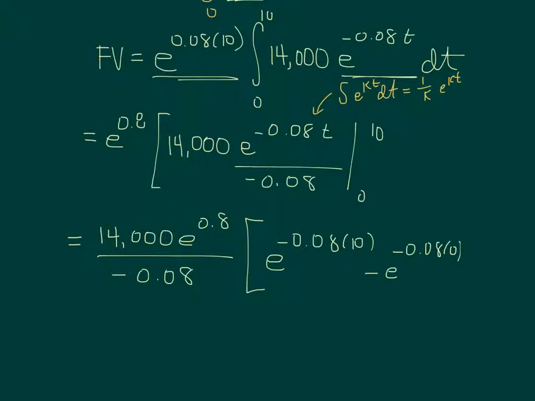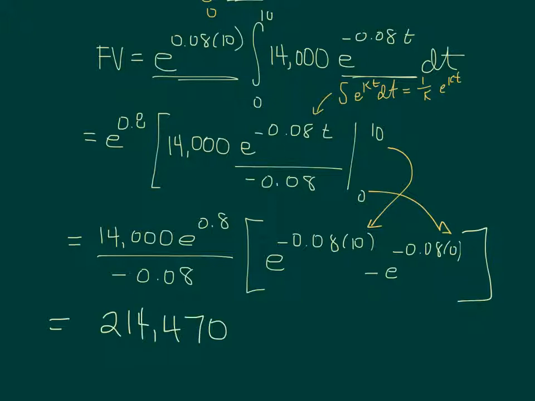In other words, I'm doing my limits of integration. Hopefully you can get all that plugged into a calculator, and it says round to the nearest integer, and you should get this value.